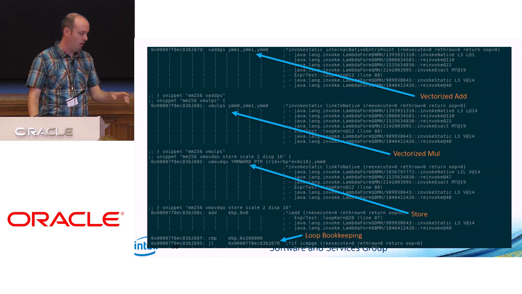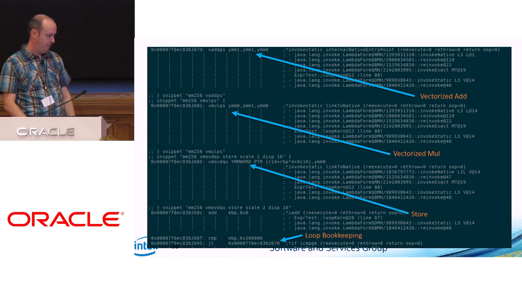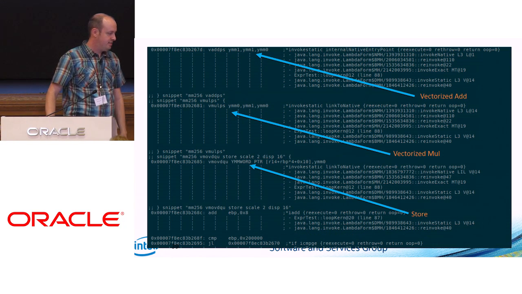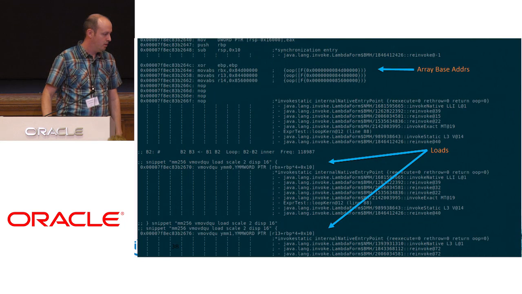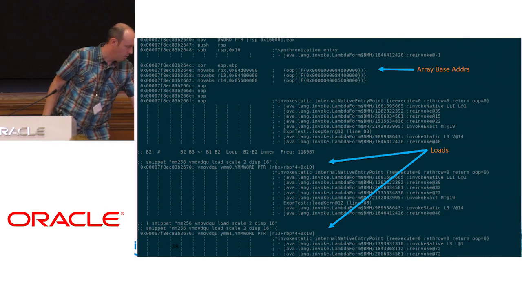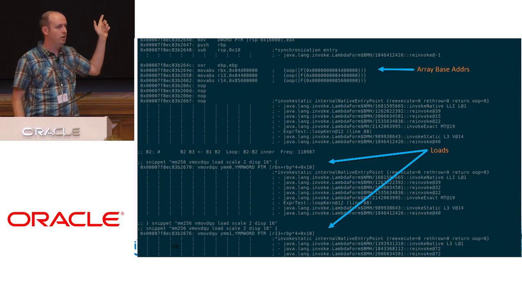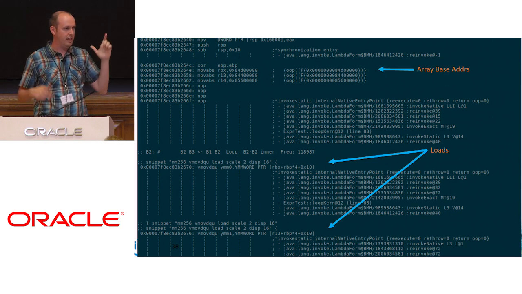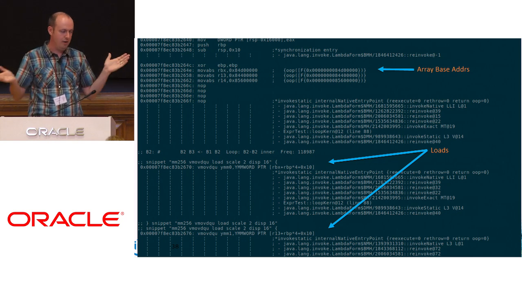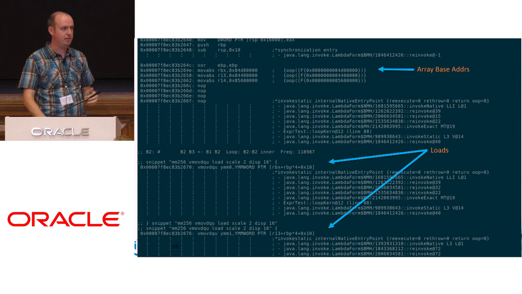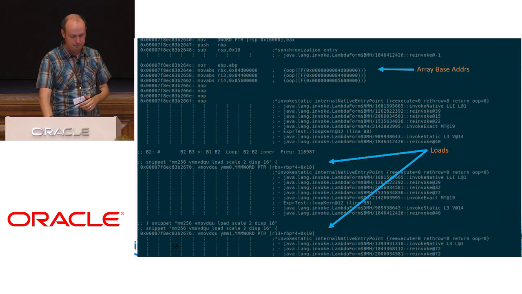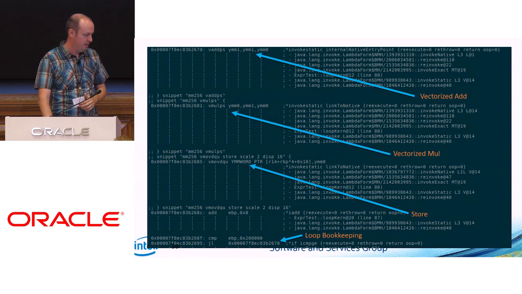If we are not, we jump back to 83B 2670, which is right where the first load occurs. So the code that falls out of this is very nice. There's the loop, there's the vectorized operations, and it feels really good.